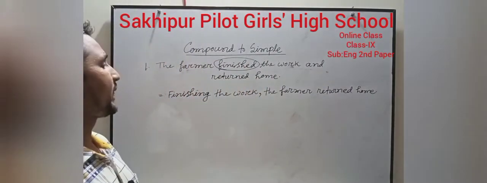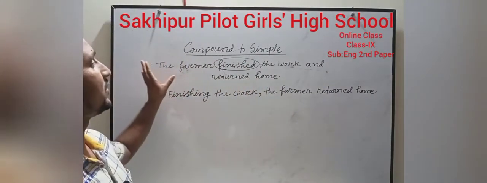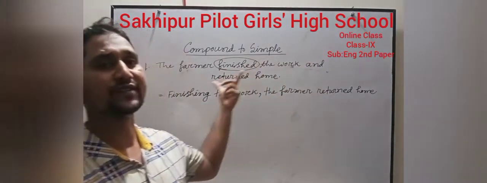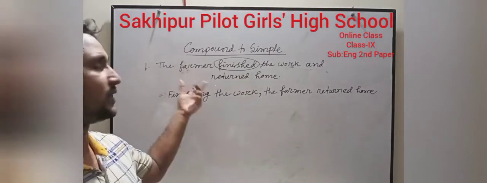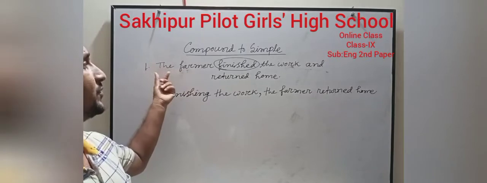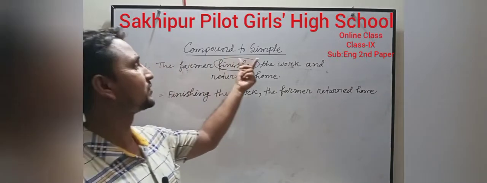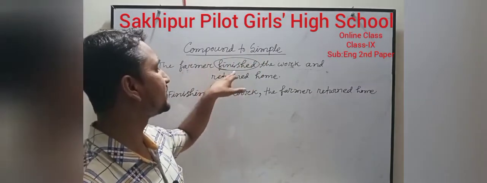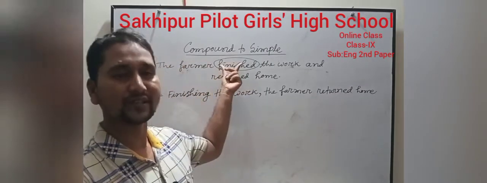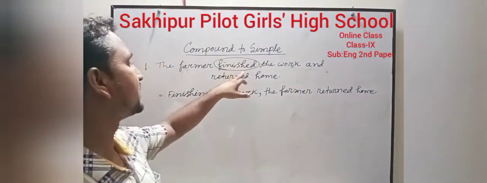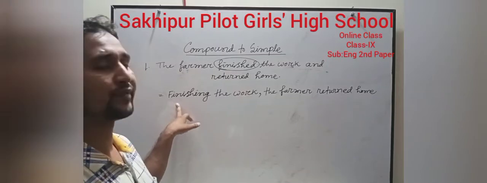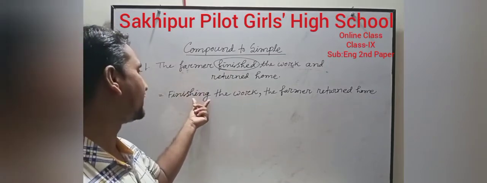Please listen to me carefully. If in the compound sentence there is any conjunction and there is only one subject between the clauses, here the subject was only the farmer. If you want to change it into a simple sentence, you have to change the verb of the first clause into a participle. That means you use the base form of the verb and add ing.